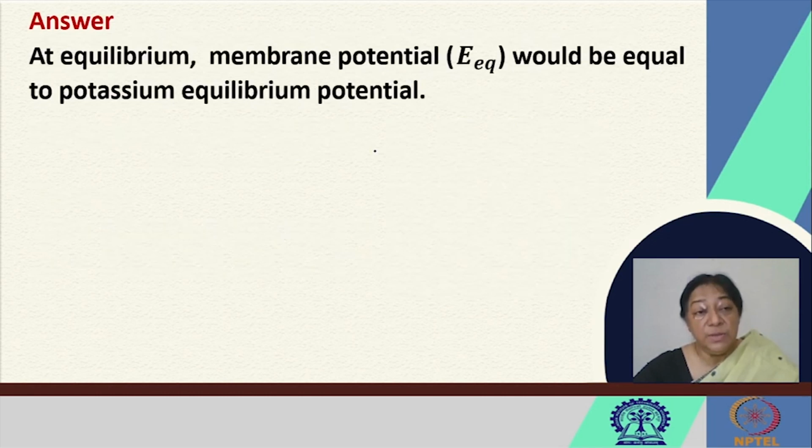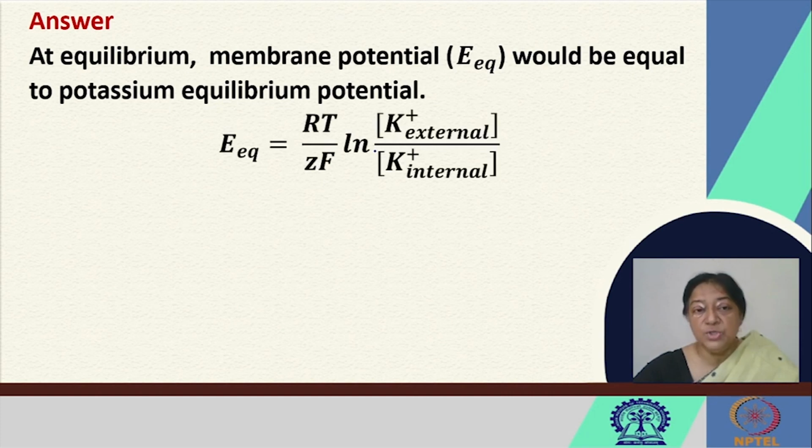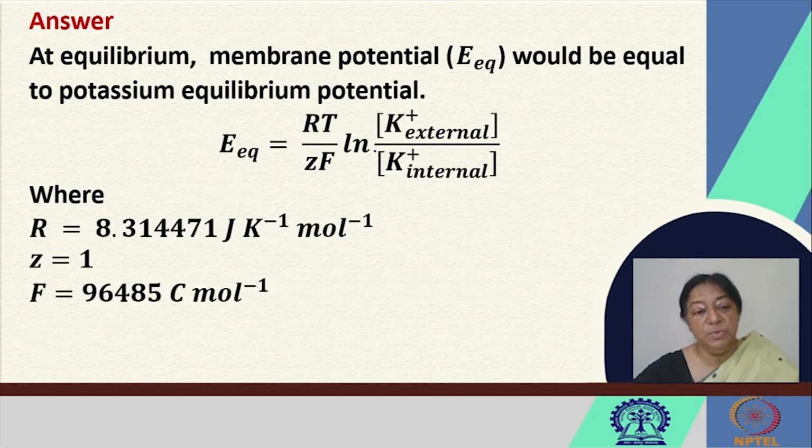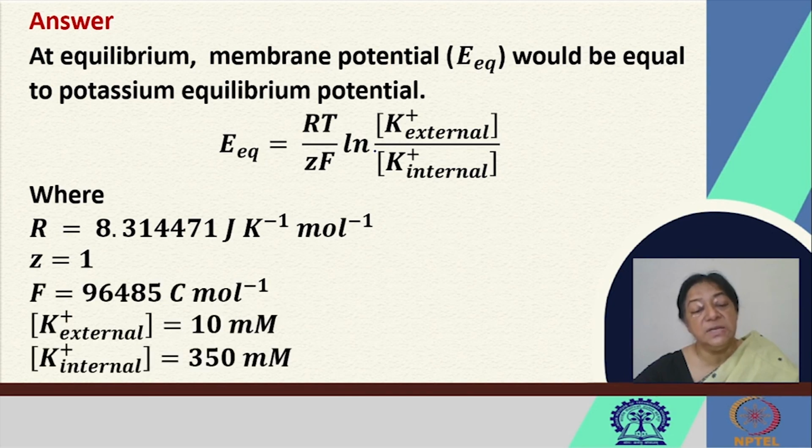At equilibrium, we realize that membrane potential would be equal to the potassium equilibrium potential. So we have the overall delta G that would be 0. We can equate these two processes where we have the concentration of the external ion of potassium, the concentration of the internal ions, the value of R, Z equal to 1 because we have potassium, the Faraday constant, and the K plus external and the K plus internal are both values that have been provided in the problem.